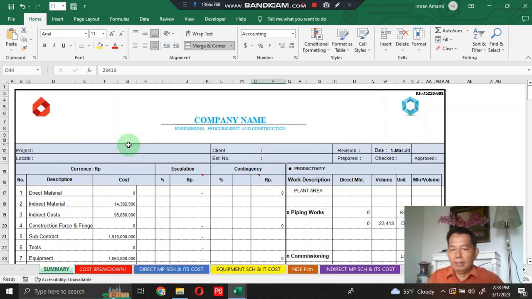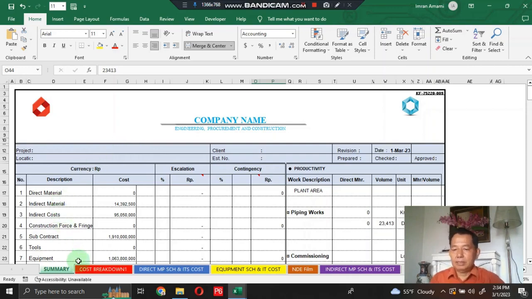As seen on the screen here, this is the project cost estimating and budgeting, the running project budget.